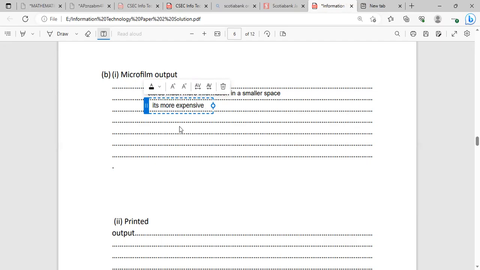It's much more expensive than the printed output. All right, so let's recap. The microfilm output's advantage is that it stores much more information in a smaller space, and the disadvantage is that it's much more expensive.